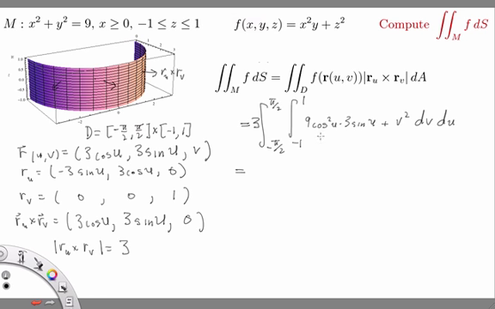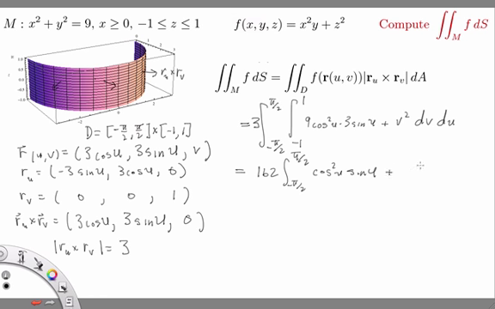So for the first term, when I integrate with respect to v, it's constant with respect to v, so I'm just going to get the length of this interval, which is 2. So I have 9 times 3 is 27, times 3 is 81, and then times 2 is 162, and then the integral from negative pi over 2 to pi over 2 of cosine squared u sine u.